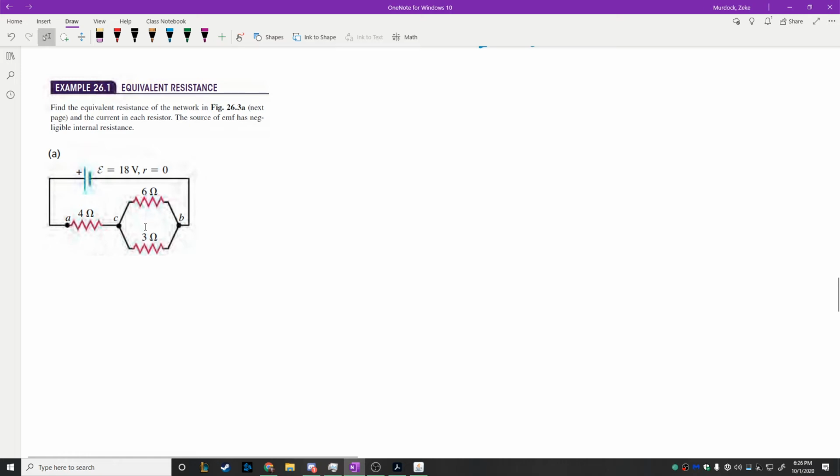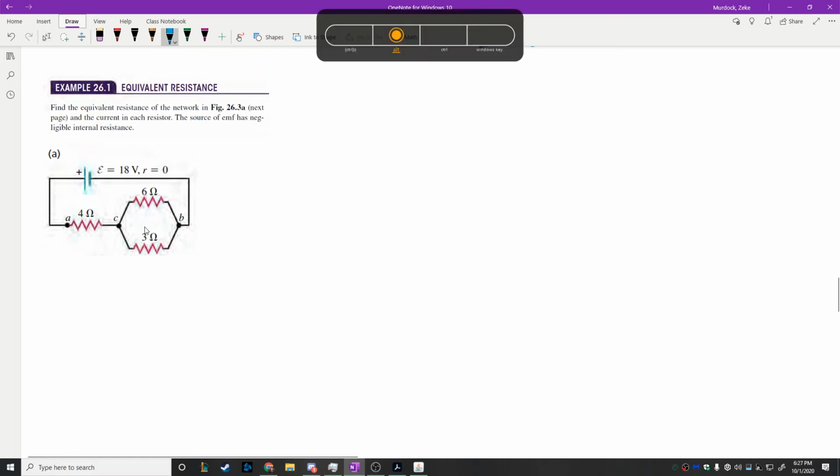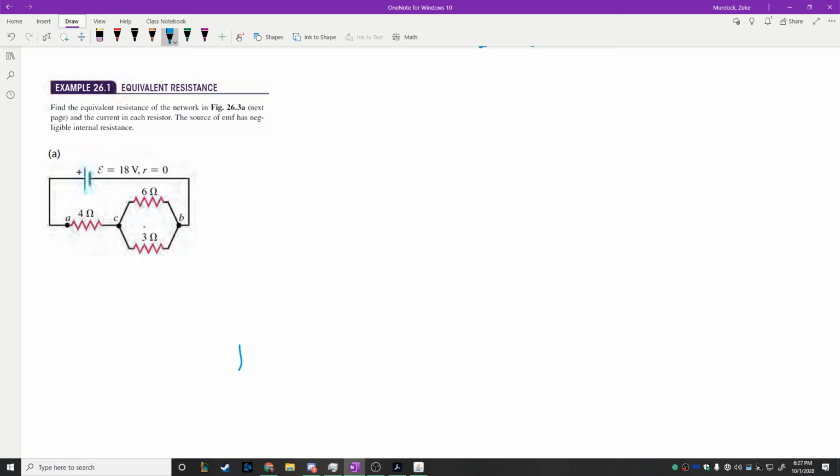We did problems like this before with capacitors, right? What we had to do is crunch down the picture until it turns into just one resistor. You go through and determine, okay, we look at these two resistors here.